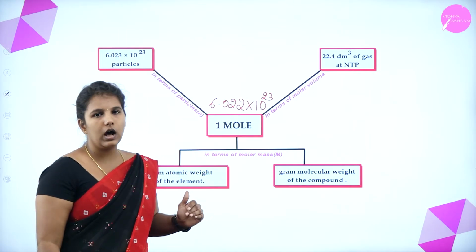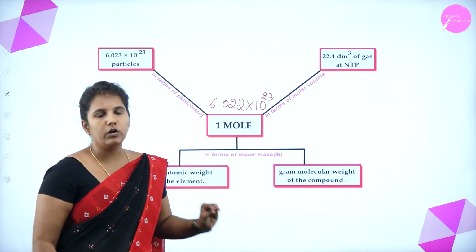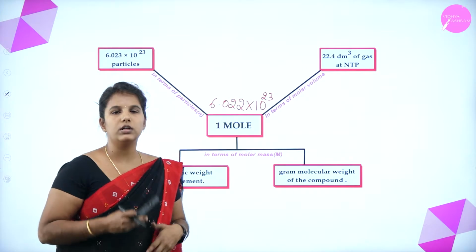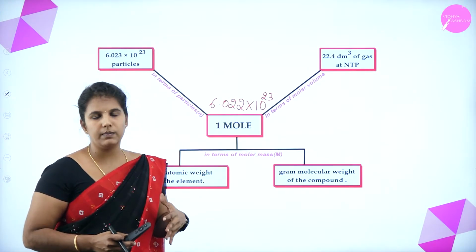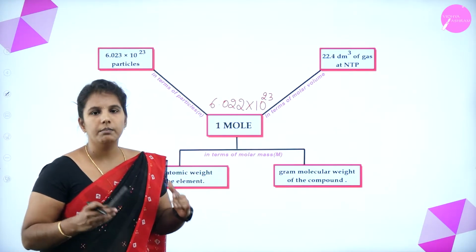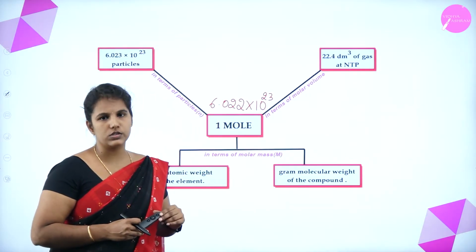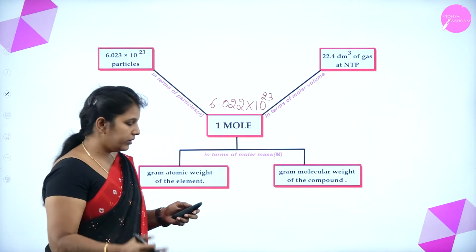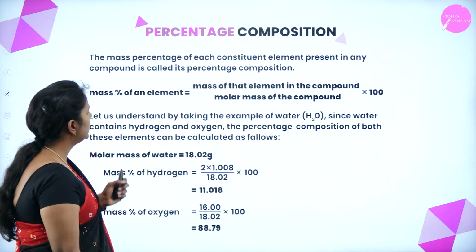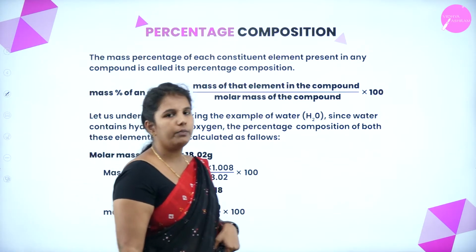This is how the mole plays a very important role in chemistry, just to count the number of entities. It may be an atom, a particle, or a molecule. Understood? We'll move on to the next topic, percentage composition.